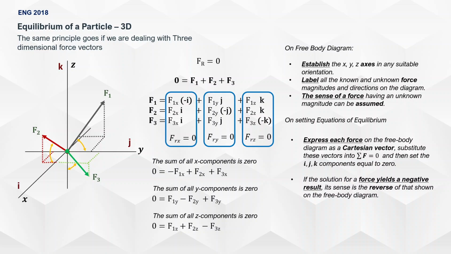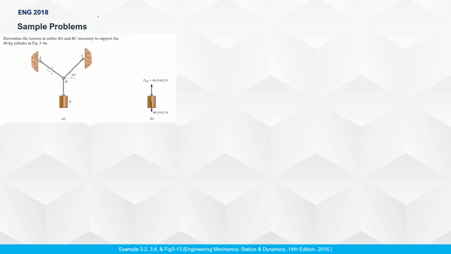Okay. Now let's try solving problems so that you can appreciate how to solve 2D or 3D equilibrium of particle problems. Say we have a cable here and a weight attached to a wall.